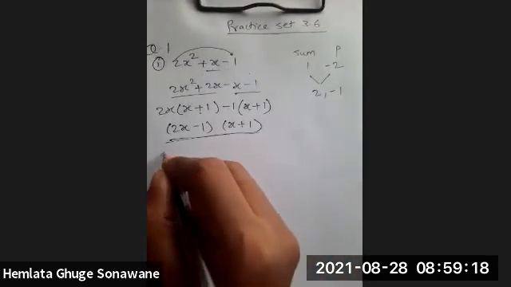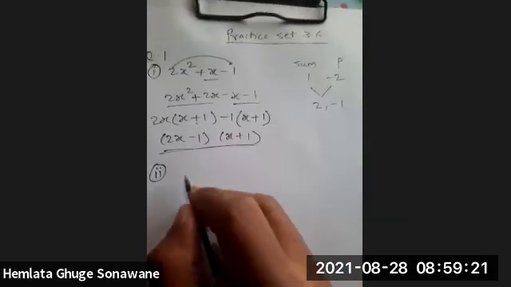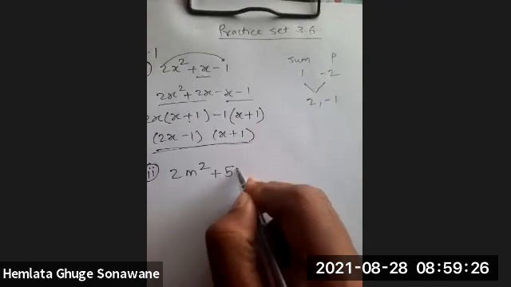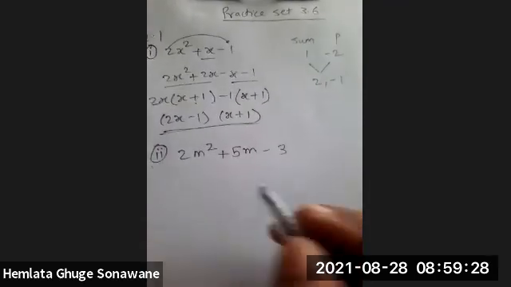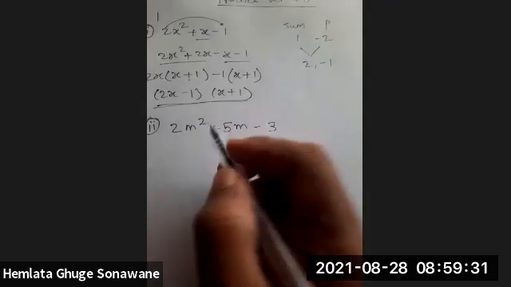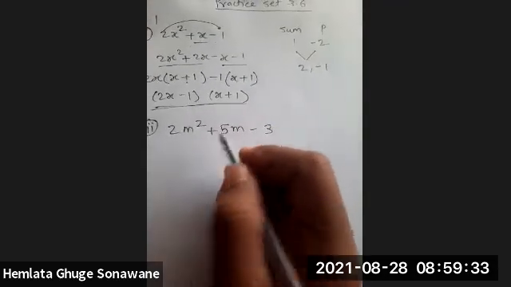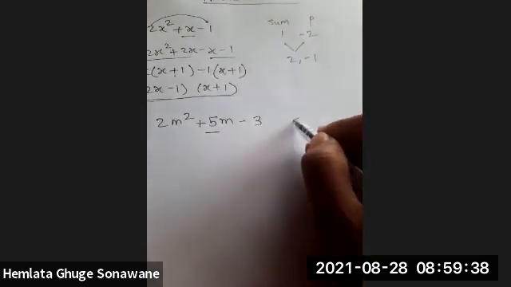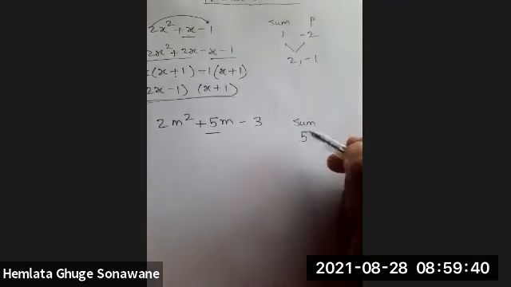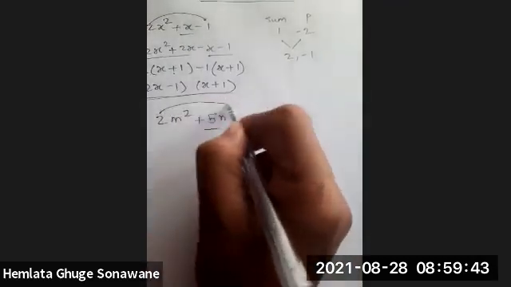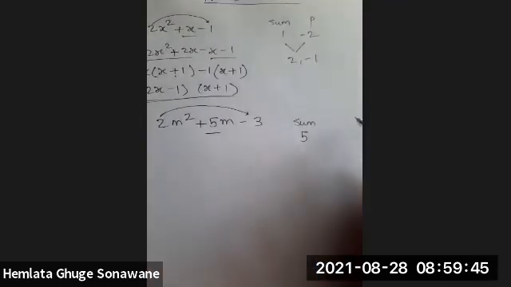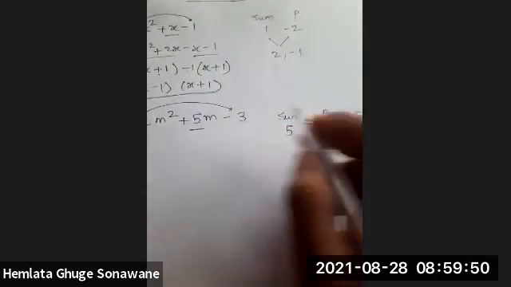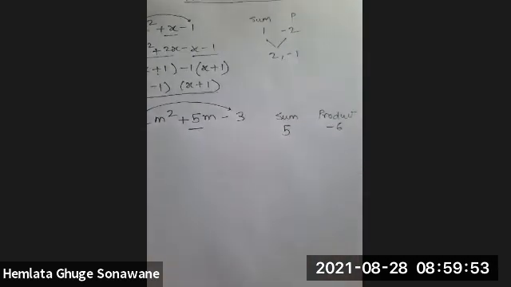Now we'll move towards the second example of the same question, that is 2m square plus 5m minus 3. Here we have to find two factors whose sum should be 5 and whose product is 2 into minus 3, that is minus 6.